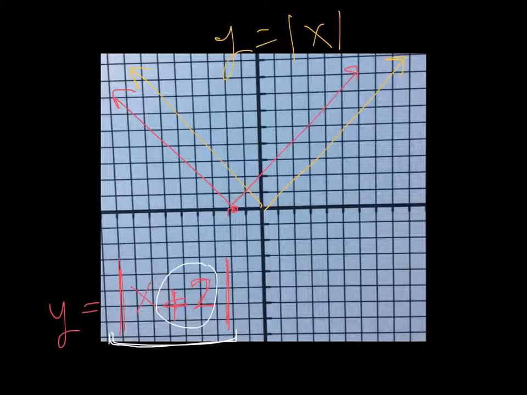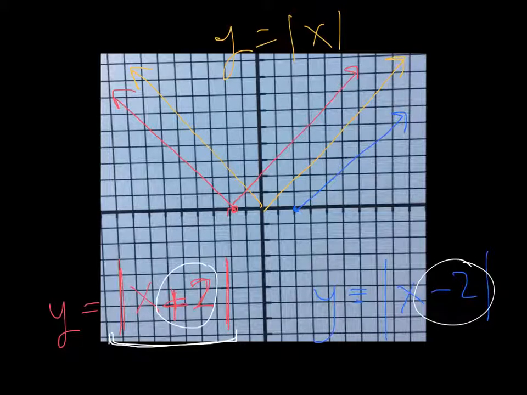So if it says plus 2 on the inside of these absolute value symbols, then you move it 2 places to the left. Likewise, if you have y equals the absolute value of x minus 2, you just move the original 2 places to the right because it's x minus 2.